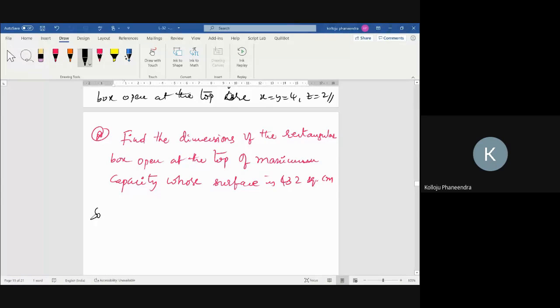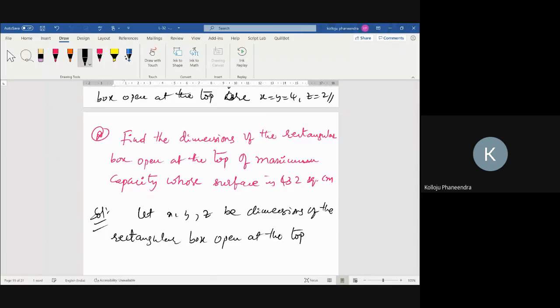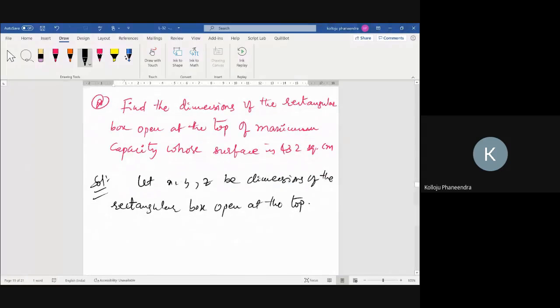Now what is the problem here? First, same thing. Let x, y, z be the dimensions of the rectangular box, open at the top. Then the surface area is given. The total surface area is 432 square centimeters.